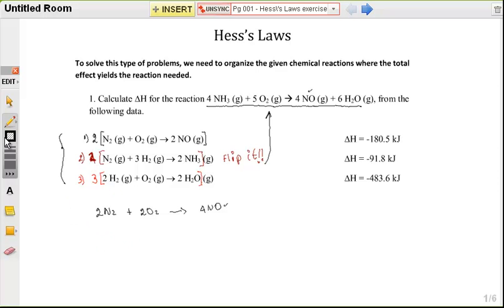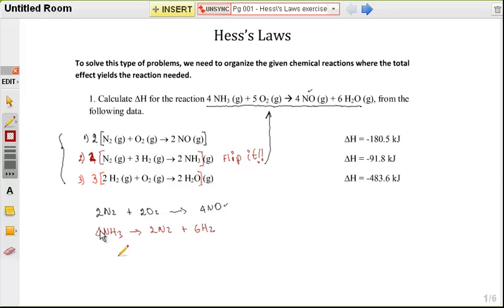So it's going to be 4 NH3 produce 2 N2 plus 6 H2.